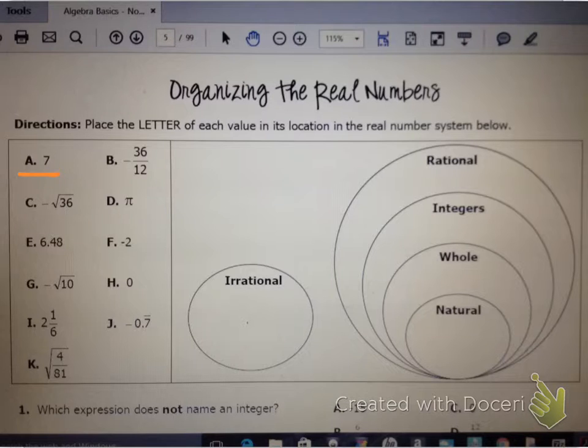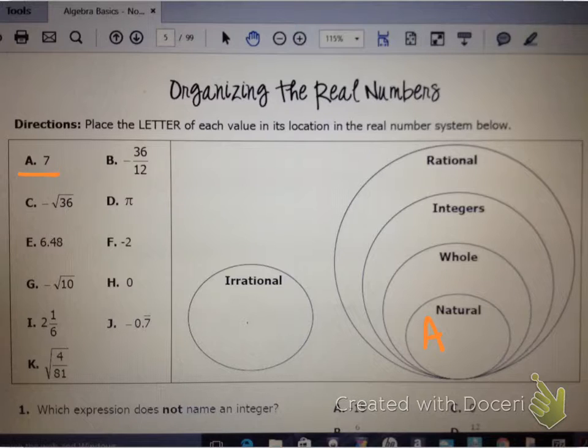Well, we know it's rational. So now we're going to just keep going. Is it an integer? Yep. Is it a whole number? Yep. Is it a natural number? Well, remember, natural numbers are the positive whole numbers. And 7 would be a positive whole number, so you're going to put an A there, because that's where it stops.